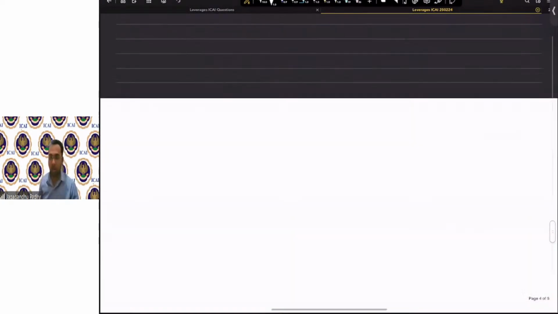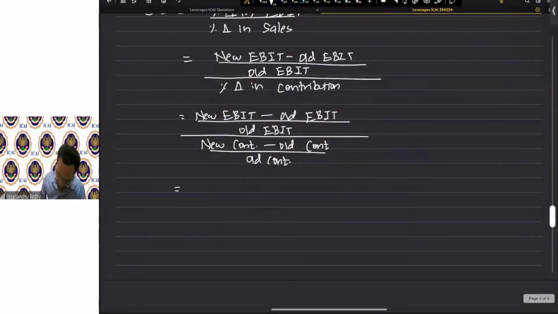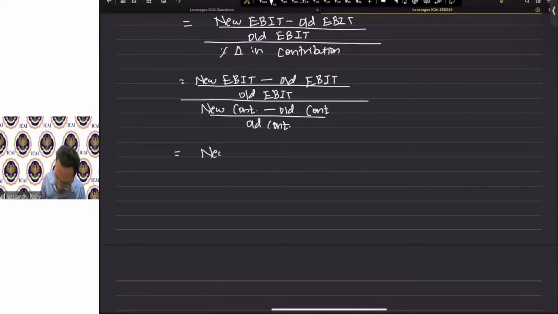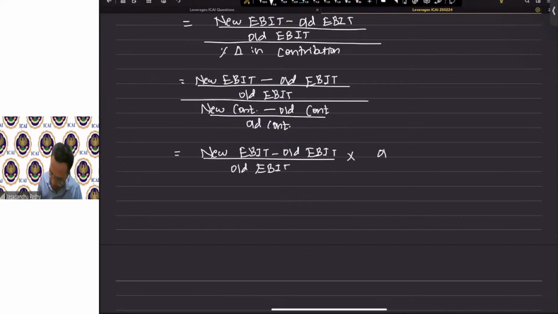We can write this as revised form: new EBIT minus old EBIT upon old EBIT, multiplied by old contribution, the whole divided by new contribution minus old contribution.